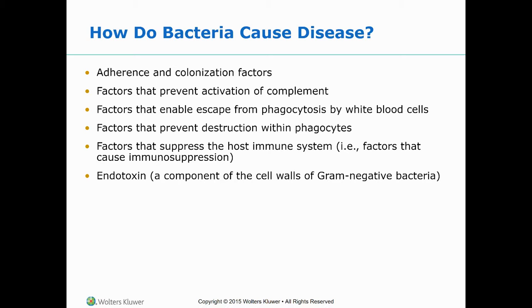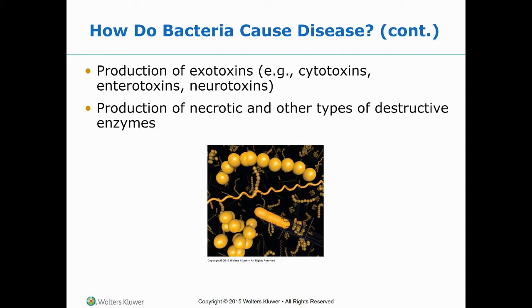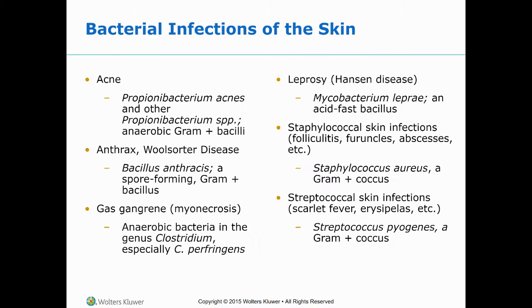They have different factors, different proteins, that can prevent phagocytosis and suppress the host immune system. And then they also usually have an endotoxin or an exotoxin, any type of toxin that can be given off that will cause the disease to last long after they leave the body. Okay, so exotoxins, those are enterotoxins, neurotoxins, cytotoxins, and they can also sometimes produce some destructive enzymes as well.